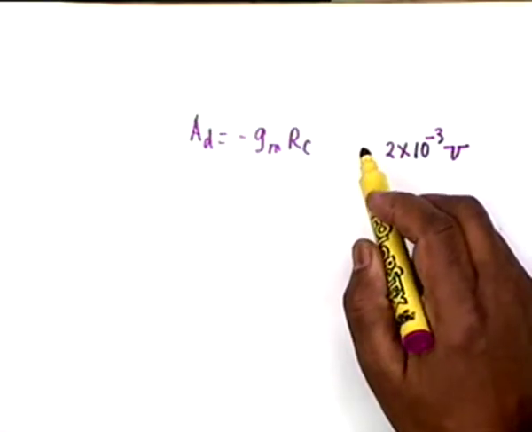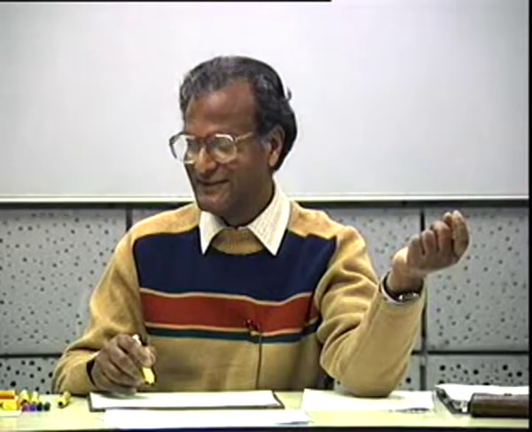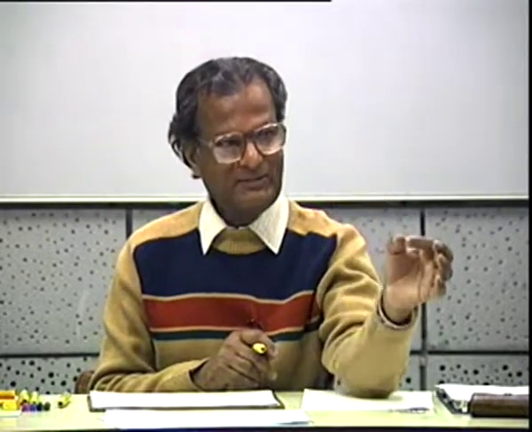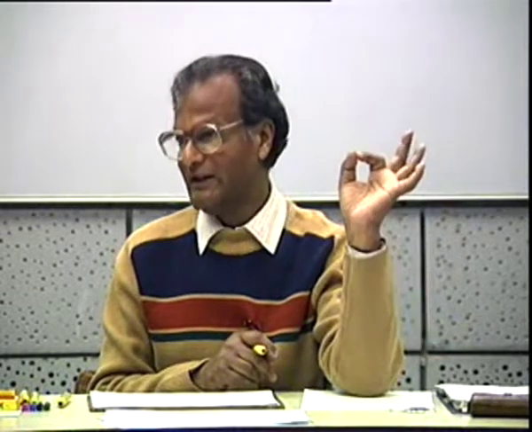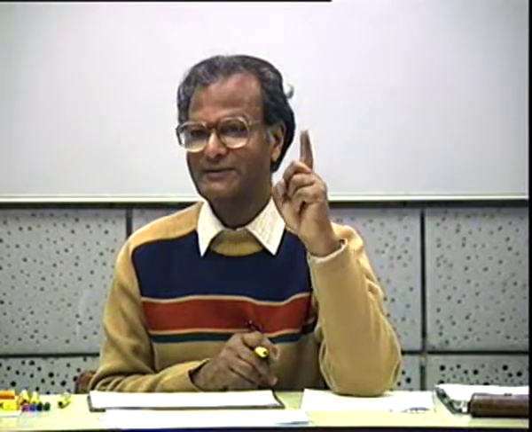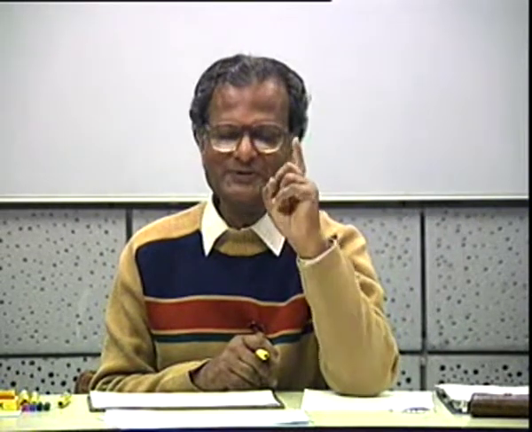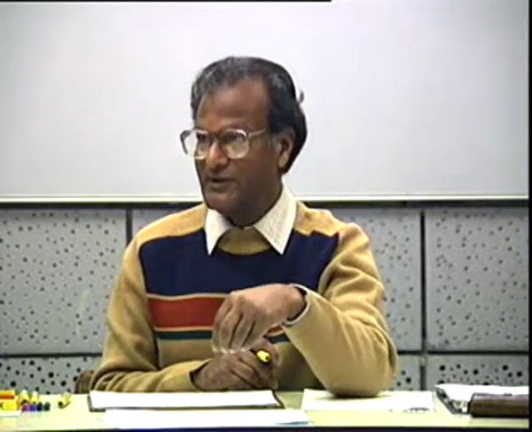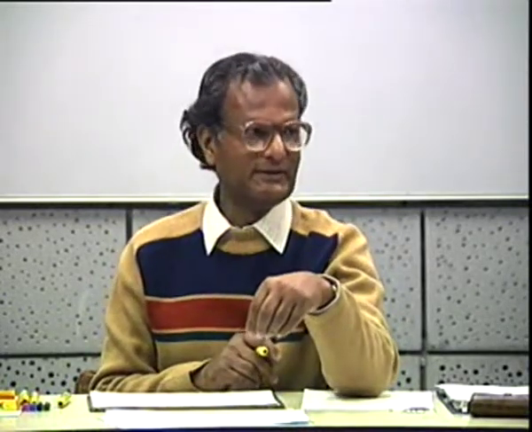So if you want a gain of 1, then R sub C is required to be 1 kilo. The maximum R sub C that you can use is 50 K. Even that will give you a gain of only 50. Agree?